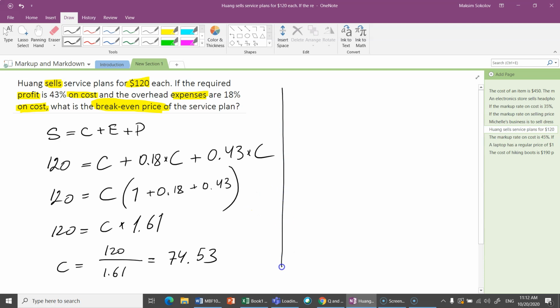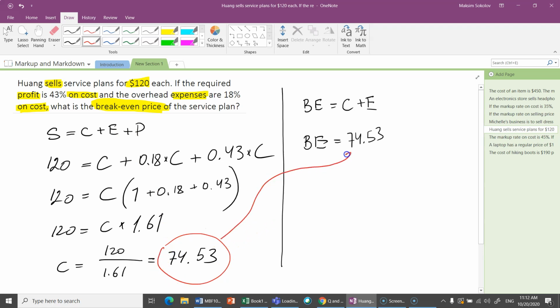So what is the break-even price? Break-even price is cost plus expense. Now we know the cost. The cost is 74.53. Here we found it. So we use this here. Plus expense.